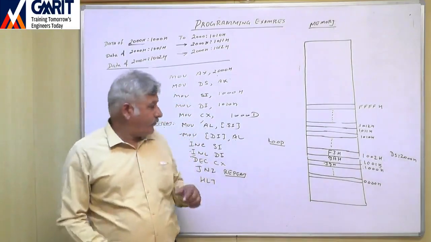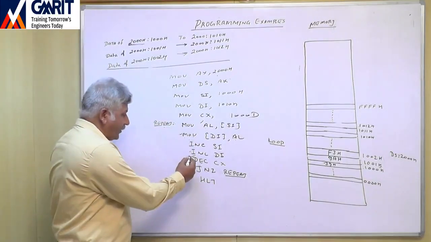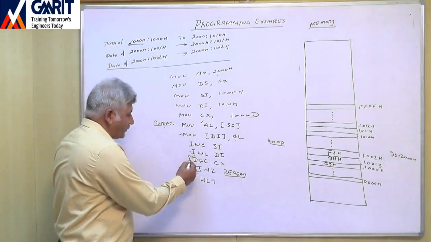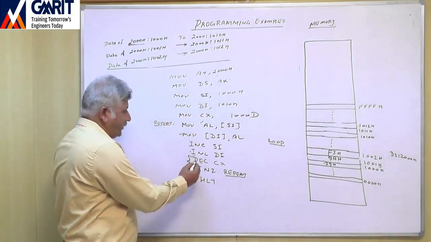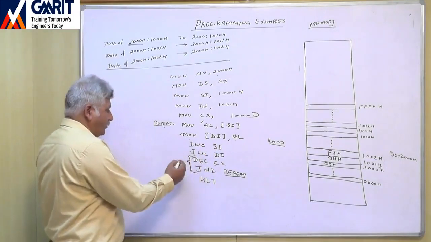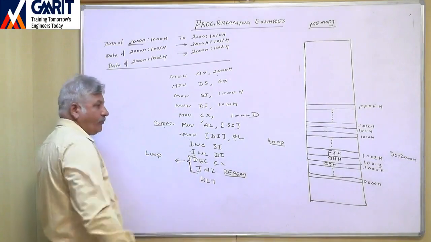Now what will happen in the loop instruction? The loop instruction can replace these two instructions, DEC CX and jump not zero repeat. So these two instructions can be replaced by loop.